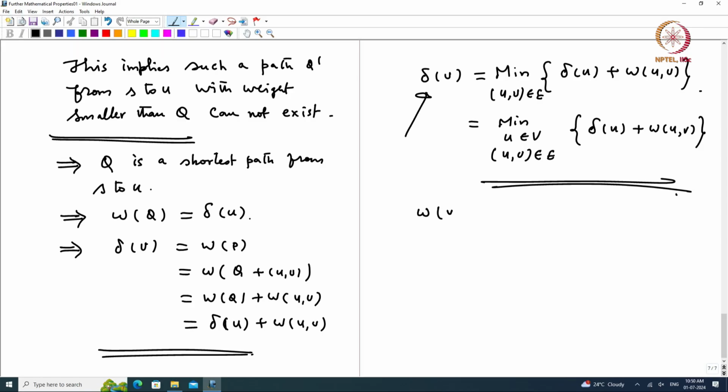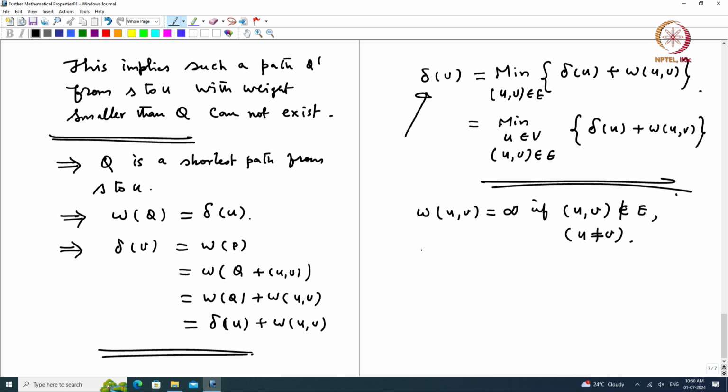We will do a little bit of cleanup here and make it even simpler looking. Suppose we extend the weight function. If an edge is not there, we set w u v equal to infinity if u v does not belong to E, u not equal to v.